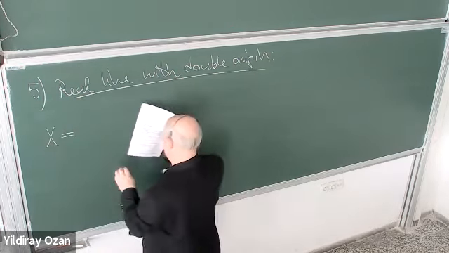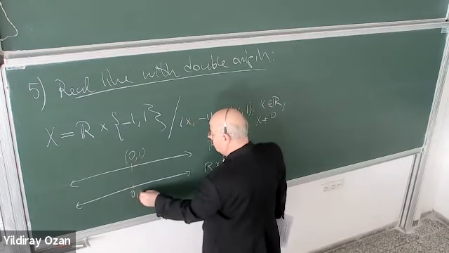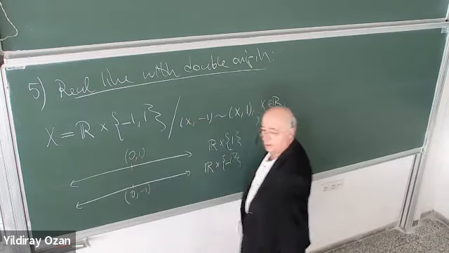You take two copies of the real line, okay? Suppose this is R cross 1 and this is R cross -1, and here is 0. Actually, maybe we should write (0, 1) and (0, -1).